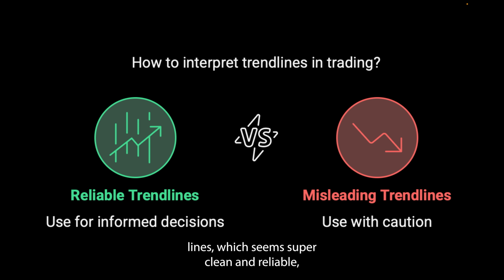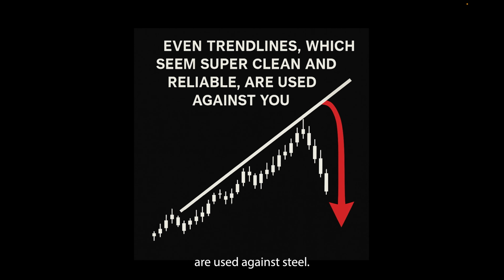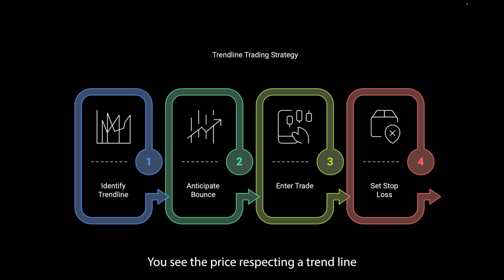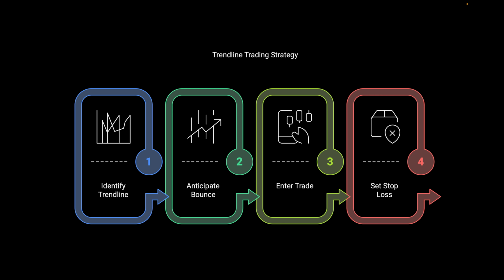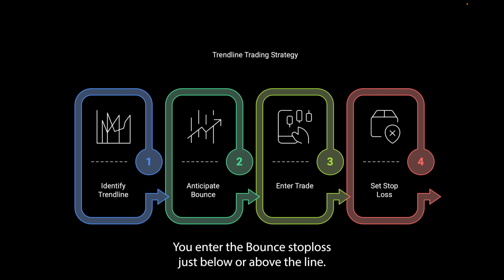Even trend lines, which seem super clean and reliable, are used against you. You see the price respecting a trend line, bouncing off it again and again, and you are thinking, next touch, I am entering. And so you do. You enter on the bounce, stop loss just below or above the line.